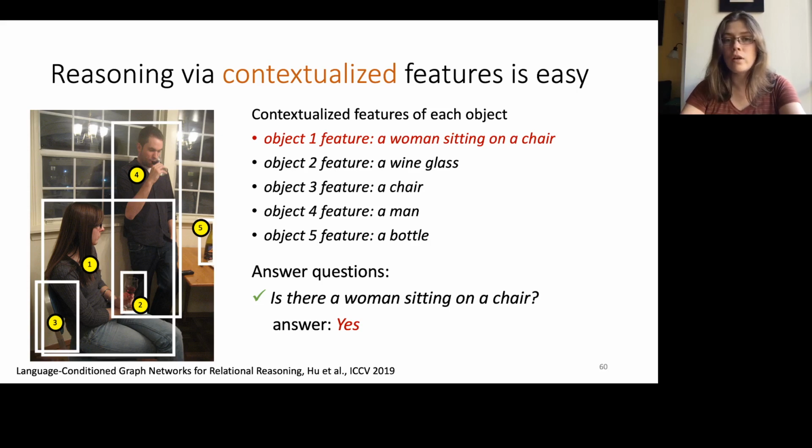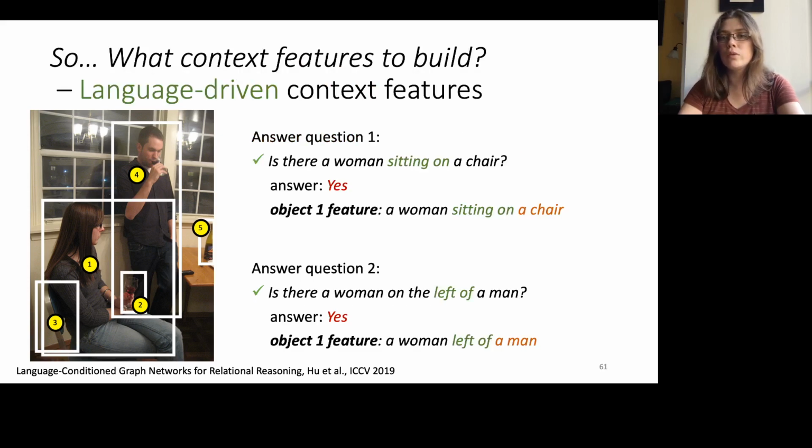How do we contextualize, what sort of context should we build in? Well, the task itself, that is the question here, suggests that this should be a language-driven contextualization. That is a woman in the chair, or in the second example, is the woman on the left of a man. Naturally, we want to consider man as a context in this case.